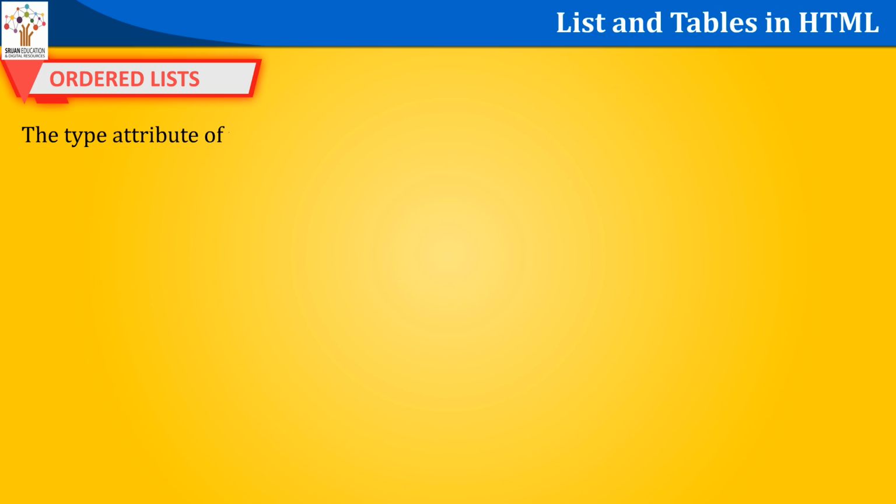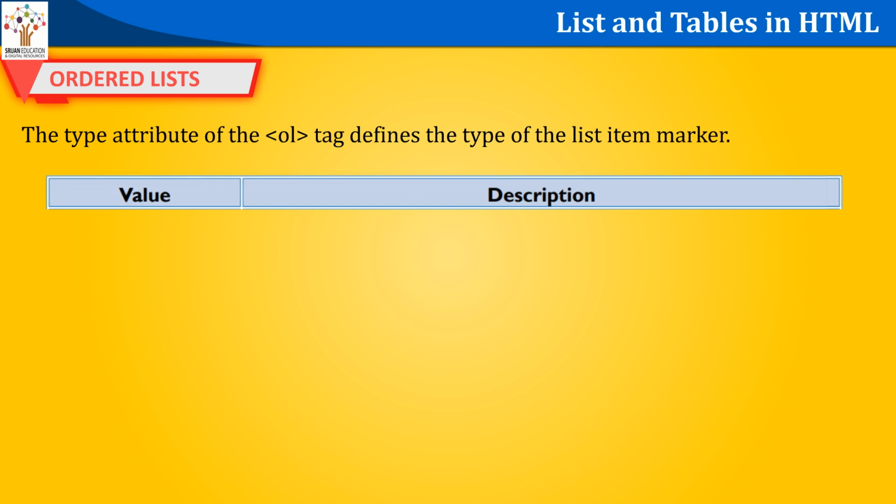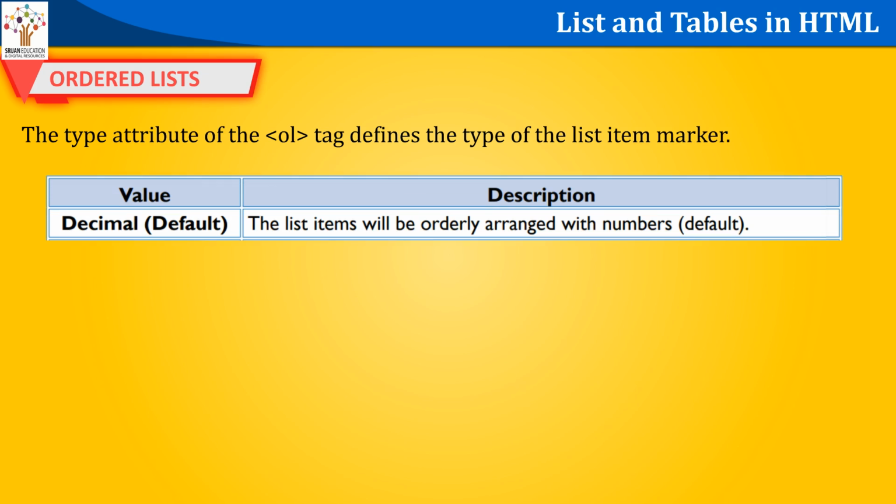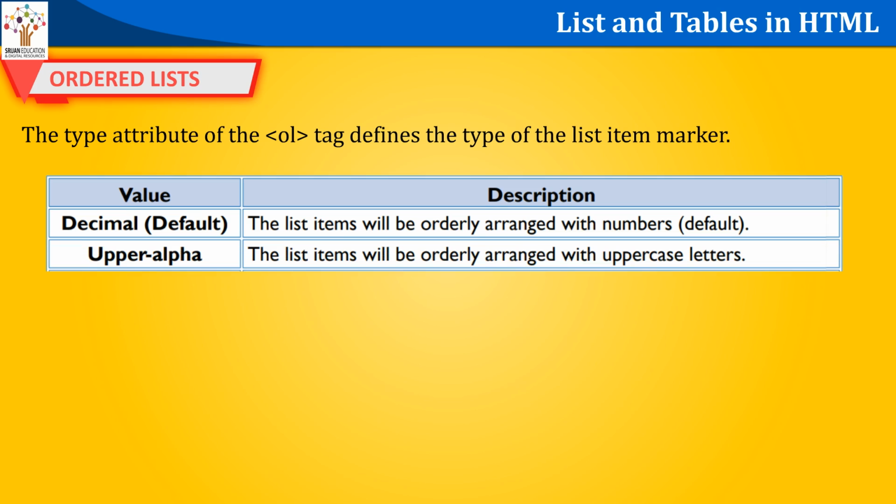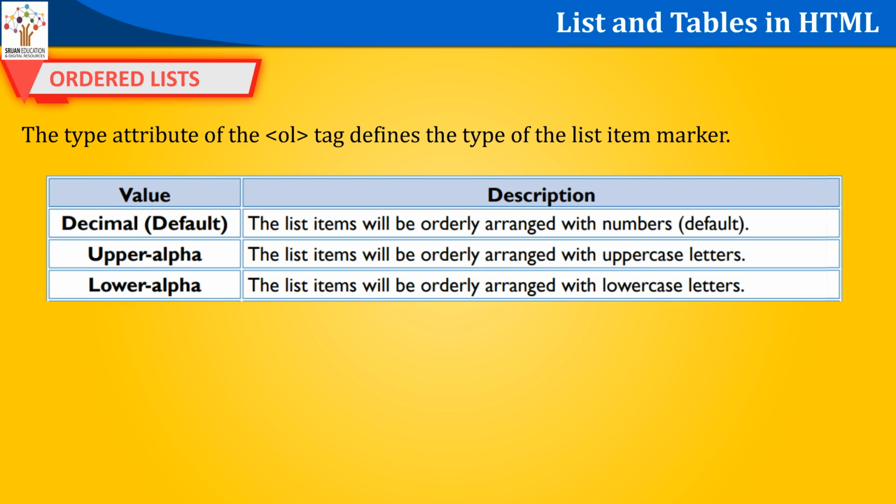The type attribute of the OL tag defines the type of the list item marker. Value, description. Decimal, default. The list item will be orderly arranged with numbers, default. Upper alpha. The list items will be orderly arranged with uppercase letters. Lower alpha.